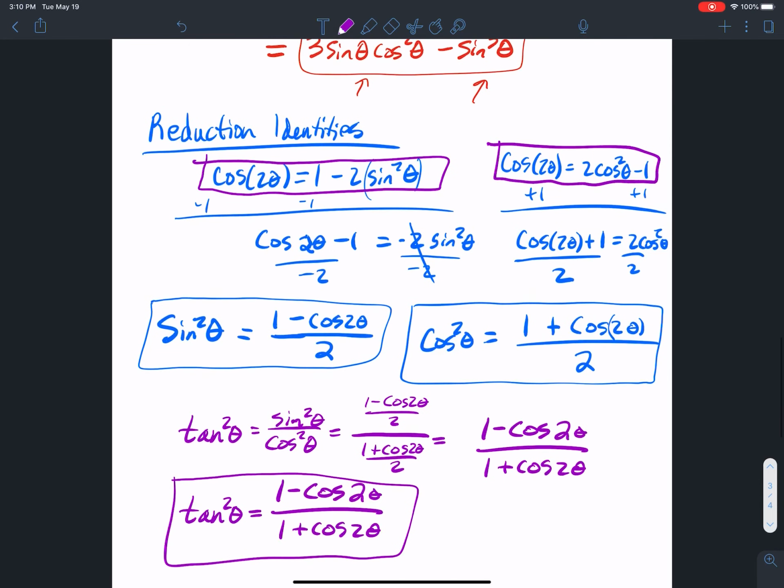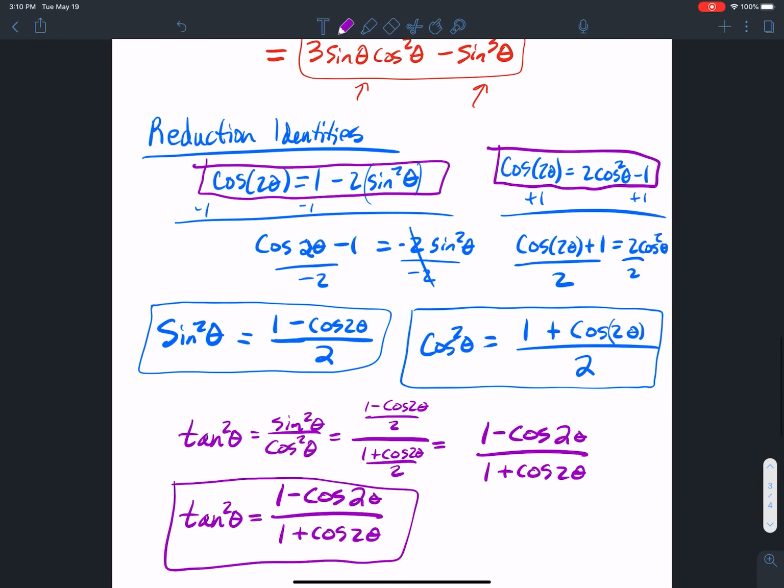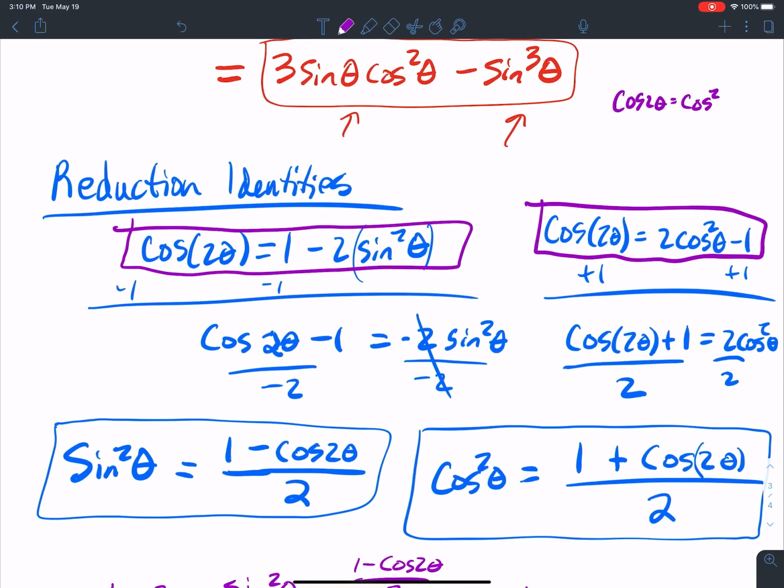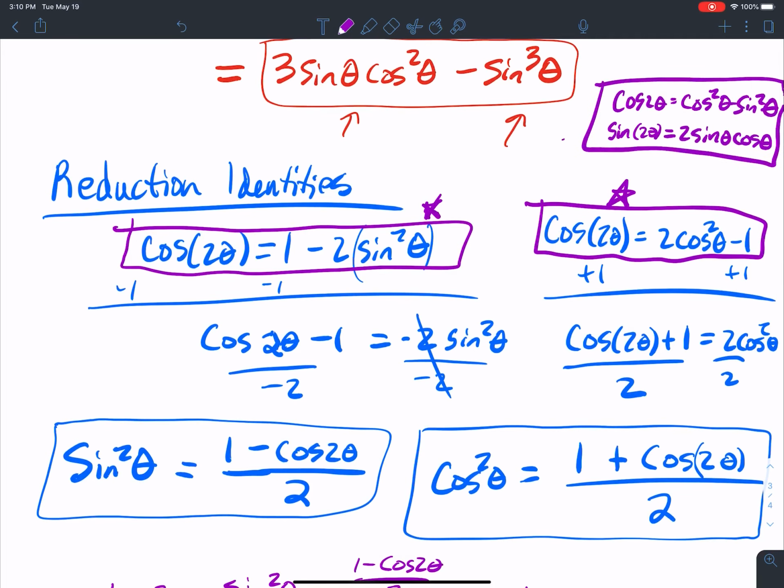Truly, the only double angles that I memorize, and for Calculus 2 you use these all day: you need to know cosine 2 theta is cosine squared theta minus sine squared theta, and then you can get these two from that. The other one you got to know, if you're going to take calculus, is sine 2 theta is 2 sine theta cosine theta. You just have to know these. You got to know them.